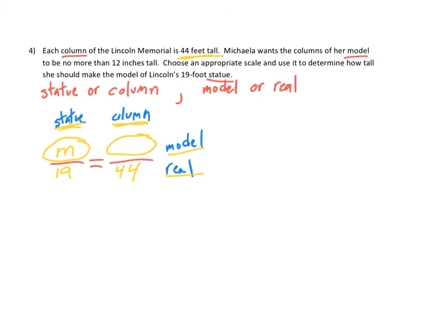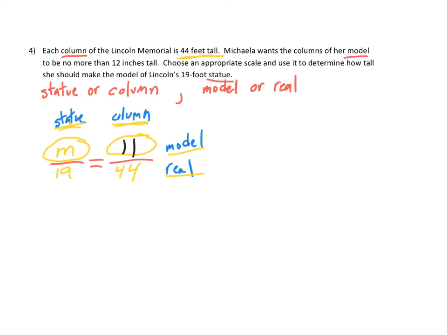However, I'm looking at that 44 down below, and I want it to be no more than 12, which means I could choose something less. 12 doesn't quite go into 44. To make this easier, what's a number less than 12 that goes into 44 that I could use? Well, I decided to use 11 because it goes into 44 really easily.